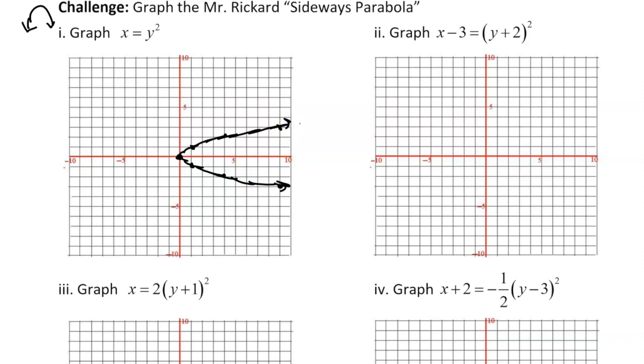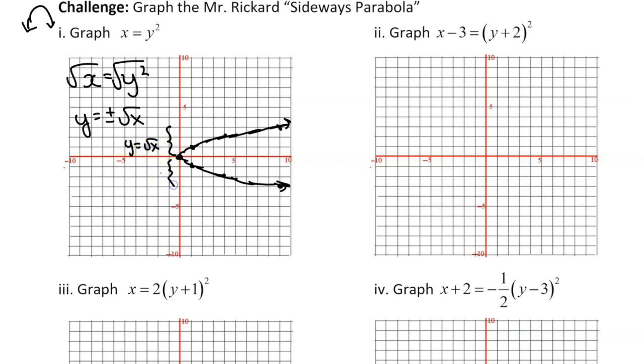And some of you may say that this looks kind of familiar to some of the things that we learned with radicals, because if we wanted to isolate for y here, and you had x equals y squared, we could easily square root both sides, and then you could say y equals plus or minus the square root of x. And if you think about what we have graphed here, this top part here is y equals the square root of x.